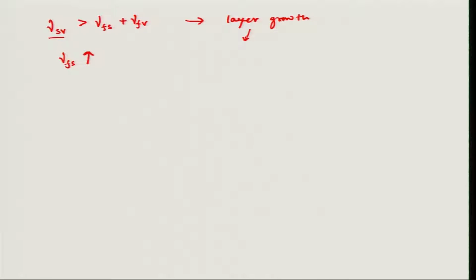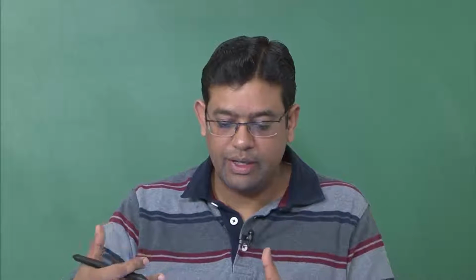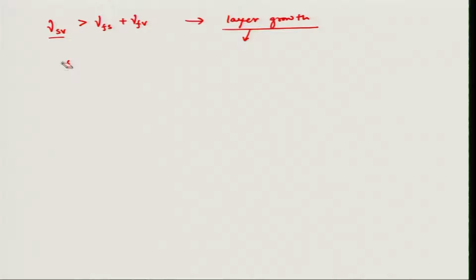Then in a condition, there is no SV left, because in layer growth your substrate to vapor interface is already gone. So, you are left with two interfaces, gamma FS and gamma FV, between film and substrate and film and vapor. So, which one would it like to increase?